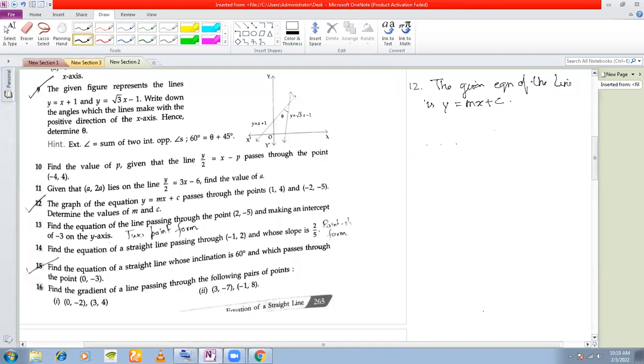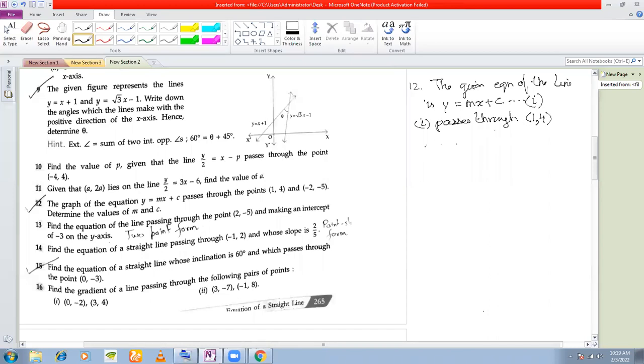Now this straight line, if I call this 1, passes through two given points. Let us consider the first point, (1, 4). Since the line passes through (1, 4), the equation of the line must be satisfied by this coordinate.